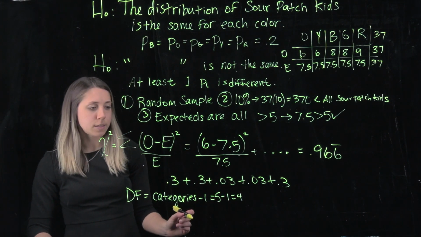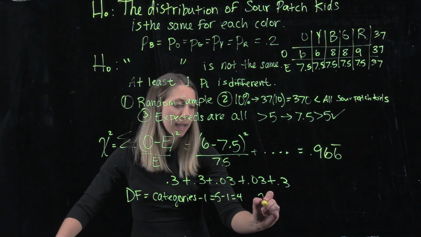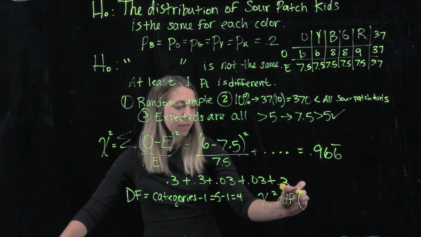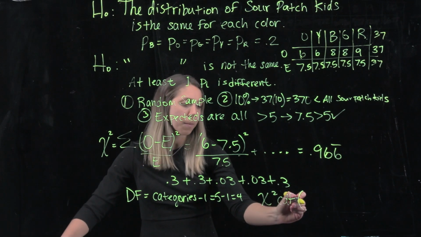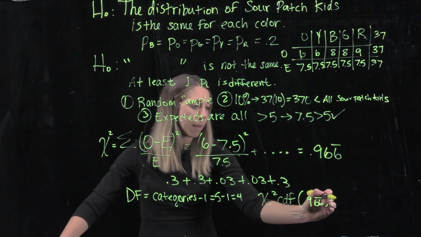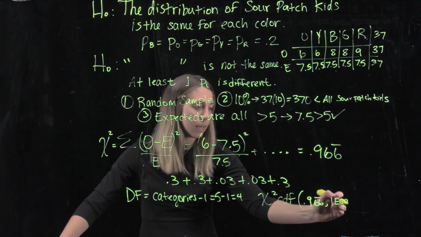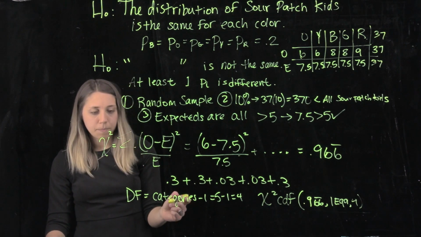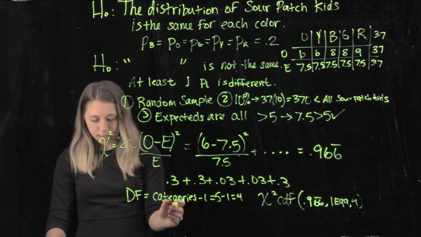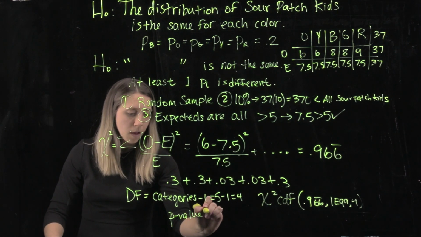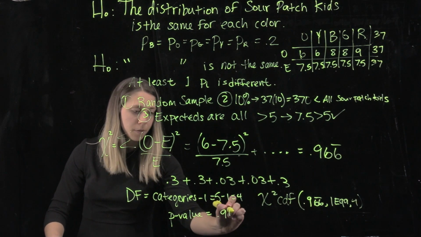You can look that up in your table, or you can use chi-squared CDF, where your lower bound would be your chi-squared test statistic, your upper bound would be infinity or 1e99, and your degrees of freedom would be 4. Then you get a p-value of 0.914.